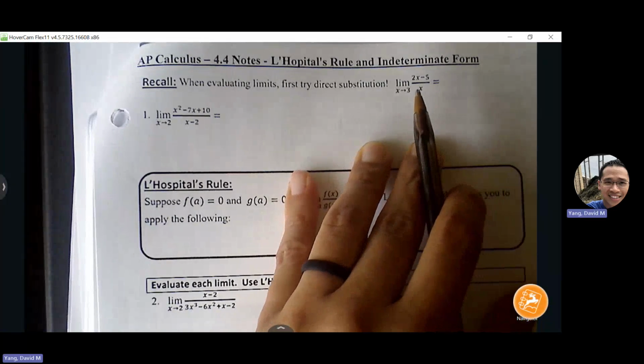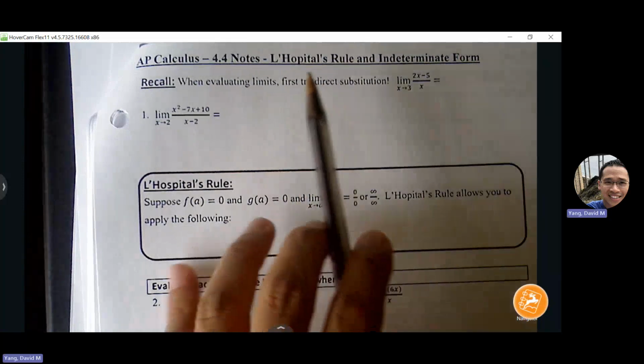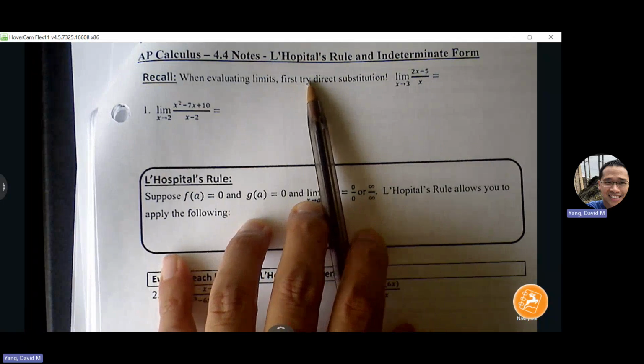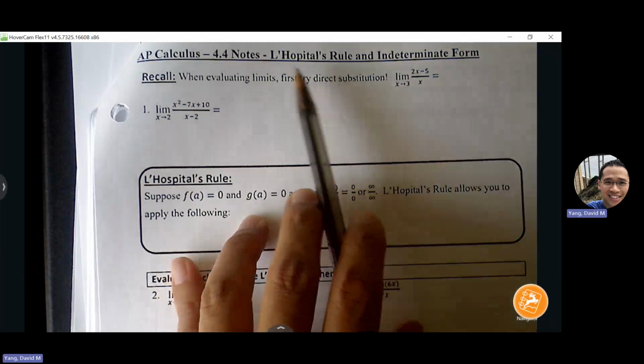Okay, we're going all the way back to limits. But this is a bit of a shortcut involving limits. We didn't do this before because we did limits before derivatives, but now we're going to use derivatives to help us with our limit process.